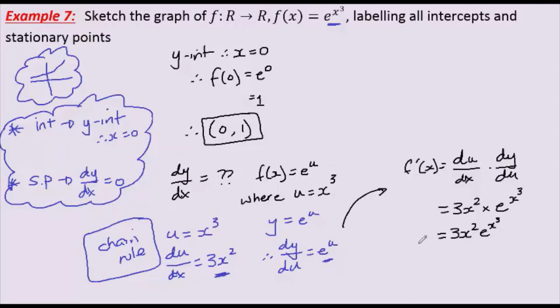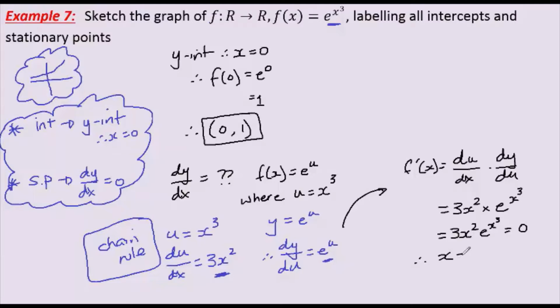Now we need to work out where this is 0. So I need to say this is 0 and solve for where our turning point is. Now the big trick here is we've got an x squared out the front, and I know that if I multiply anything, doesn't matter what it is, by 0, I'm going to get 0.